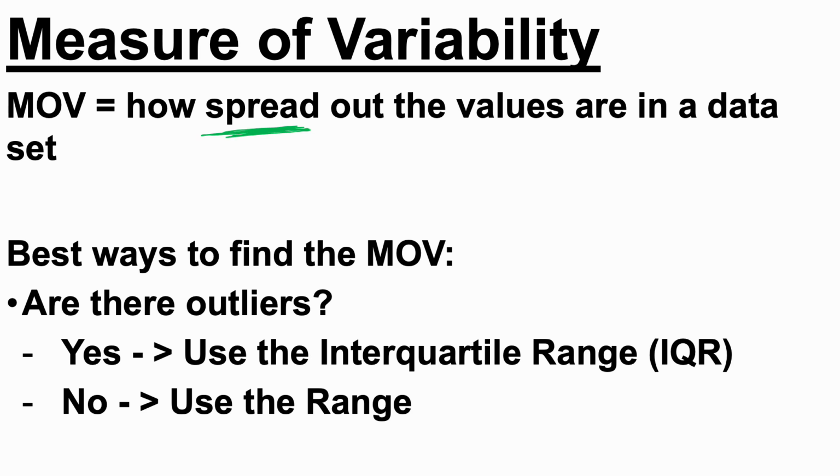One is the interquartile range, or the IQR, which you're going to learn how to find today. The other is the range. Remember, our range is our largest number minus our smallest number. Those two ways are how we find how spread out the values are in our data set.